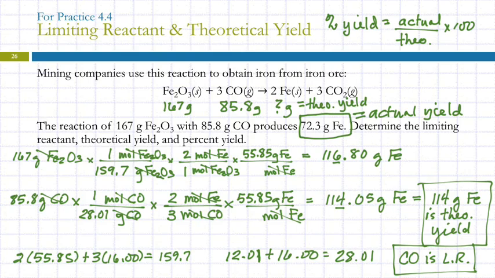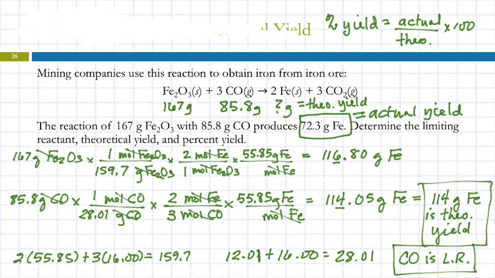And then they want the percent yield. It's challenging to fit all of this on one slide. Well, I've got my actual yield and I've got my theoretical yield. So here's my actual yield that was given to me. So my percent yield is the actual yield, 72.3 grams of iron, divided by the theoretical yield.